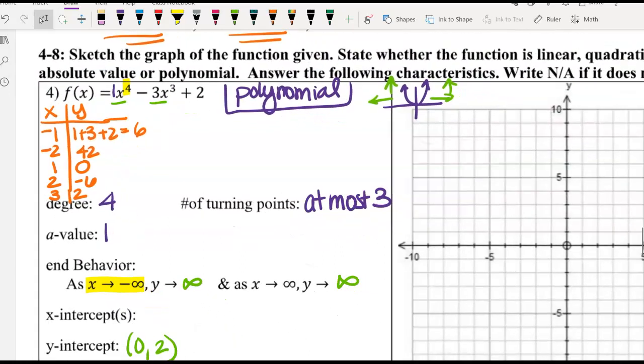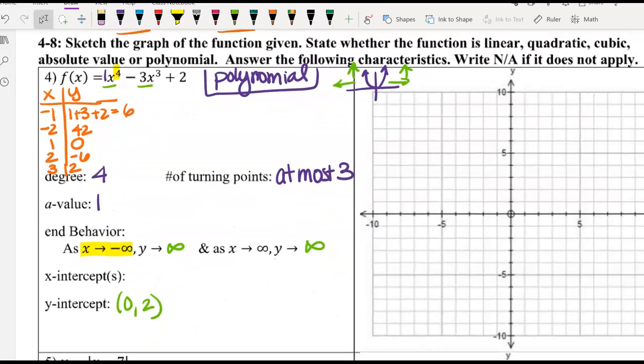All right, let's just go and plot those dots, okay? I erased the green end behaviors earlier. So let's just plot these: -1, up 6; -2, 42, that's way too large; 1, 0; 2, -6; 3, up 2; and then we had a y-intercept at 0, 2.